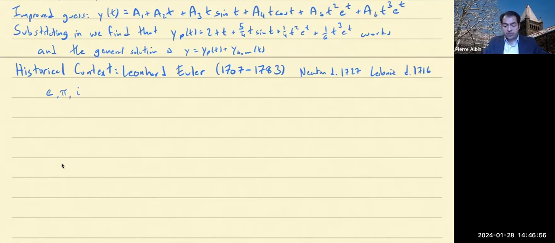He also introduced the notation i for the imaginary unit. He introduced capital sigma for summation. He introduced the concept of a function and also the notation we use, f of x. That's his notation. Logarithms: the modern notation for logarithms and the way we think about them.